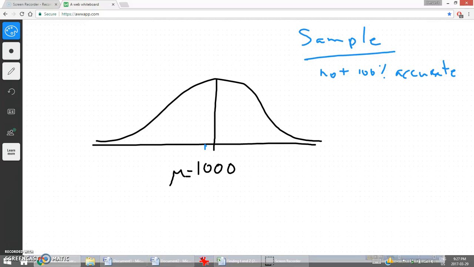So let's go back to this example. The consumer found that the average was down here, maybe 980 hours. Once again, could he go to the manufacturer, cause them to change their advertising or promotion, or even sue them because they're not living up to their claim? Probably not. Now what if he found that the average was way down at that far extreme, say like 700 hours?